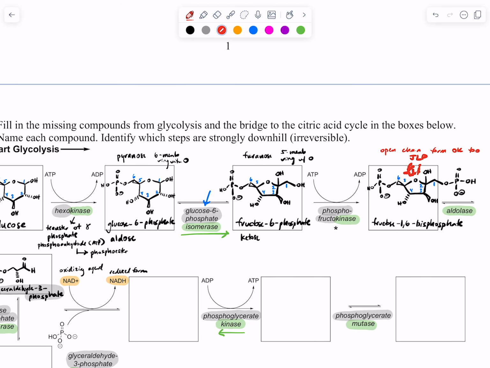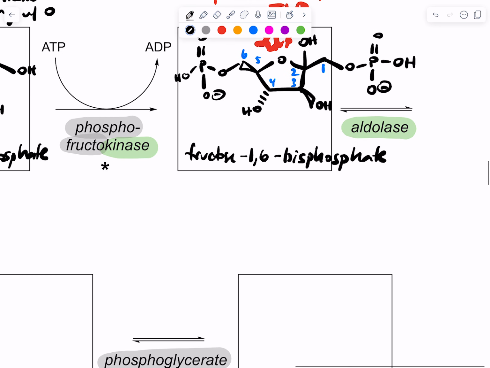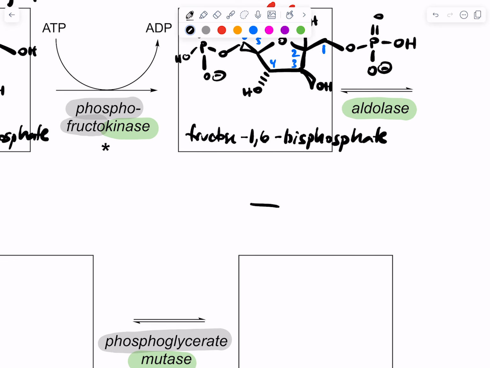The way you can tell that is to remember, let's just look at, I'll draw the open chain form for you of fructose 1,6 bisphosphate. 6, 5, 4, 3, 2, 1.